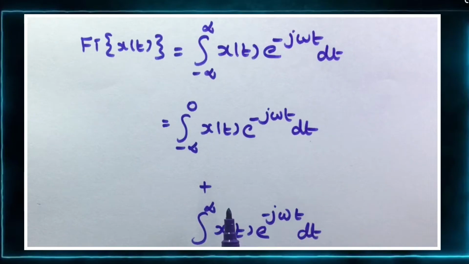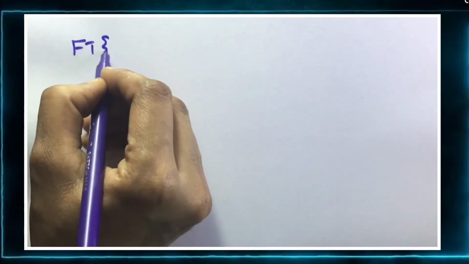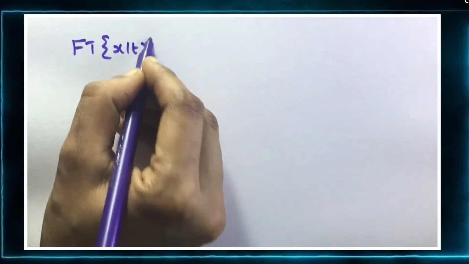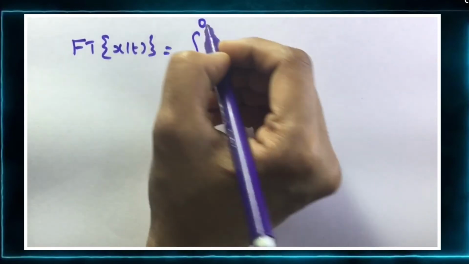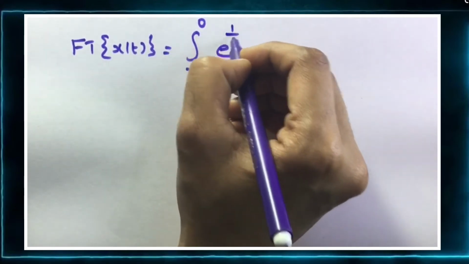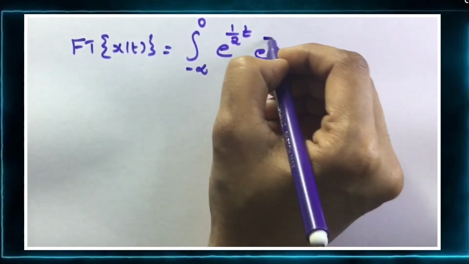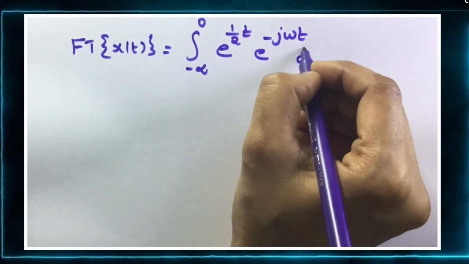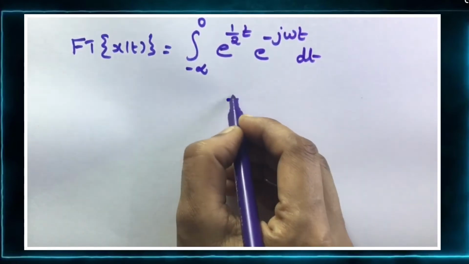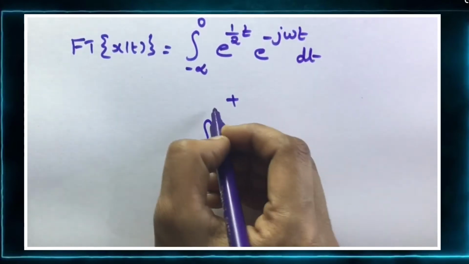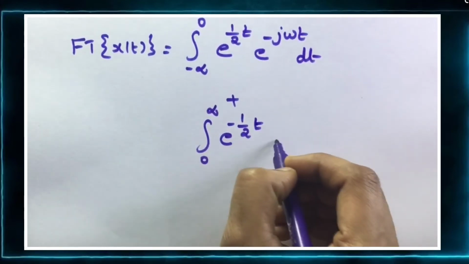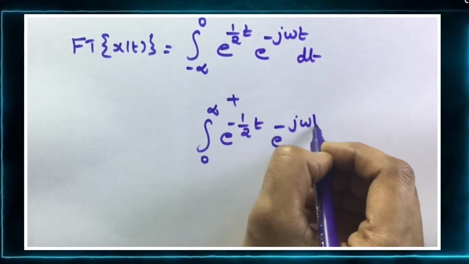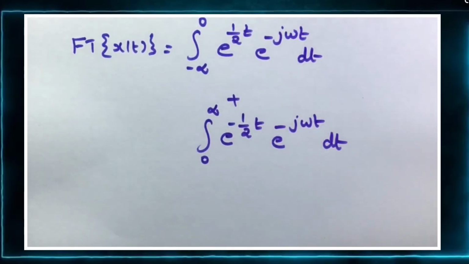So when we substitute these values, we get Fourier transform of x of t equal to integral minus infinity to 0 e raised to 1 by 2t e raised to minus j omega t dt plus integral 0 to infinity e raised to minus 1 by 2t e raised to minus j omega t dt.